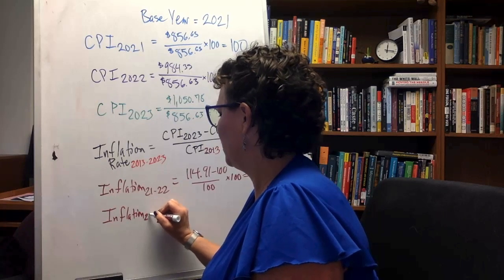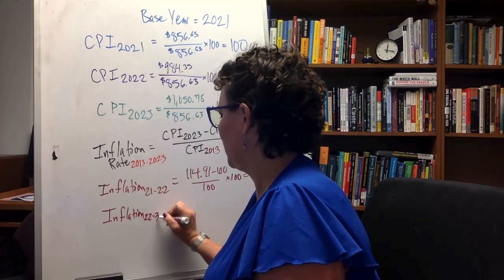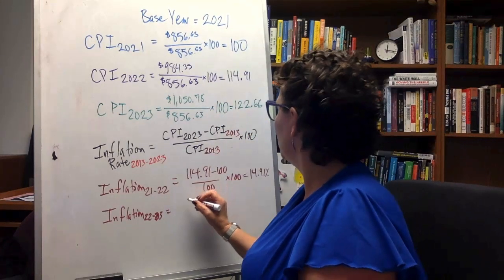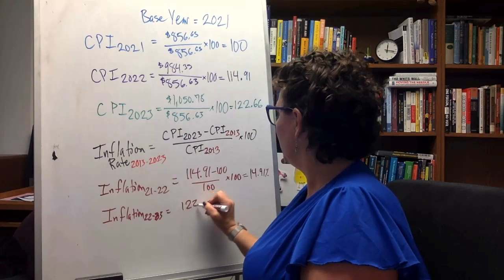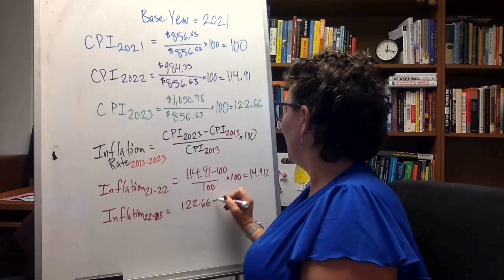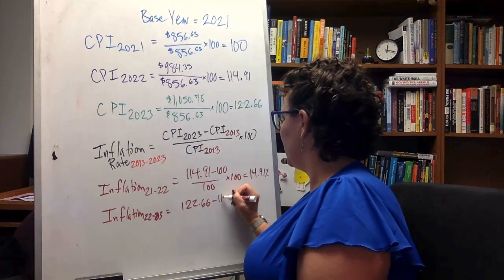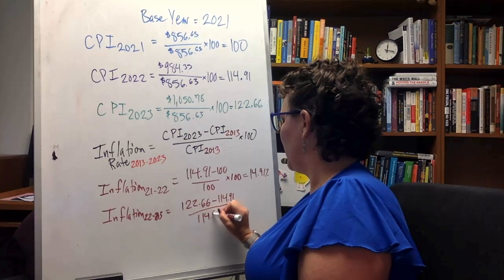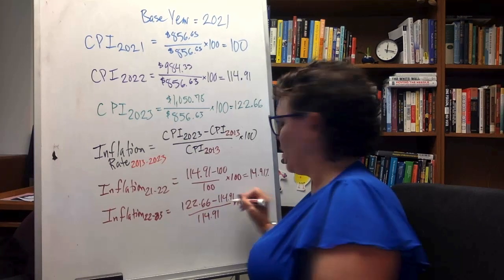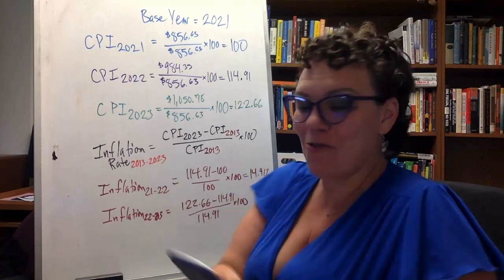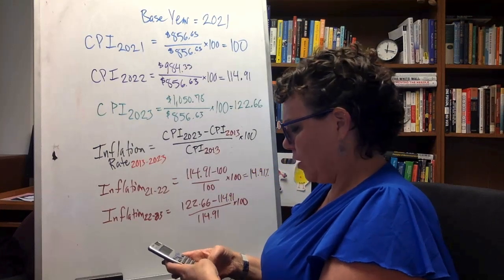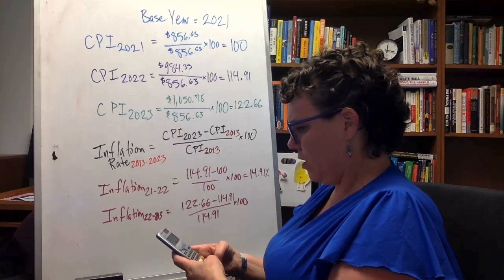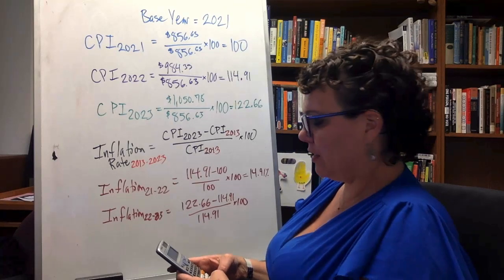If we want to calculate the inflation rate for 2022 to 2023, it's going to be really similar. We're going to use the CPI in 2023, 122.66 minus the previous period, 114.91, divided by 114.91 times 100. And I'll calculate this one for you right now together. So I've got 122.66 minus 114.91 gives us 7.75.